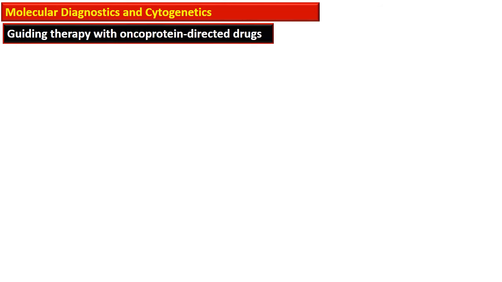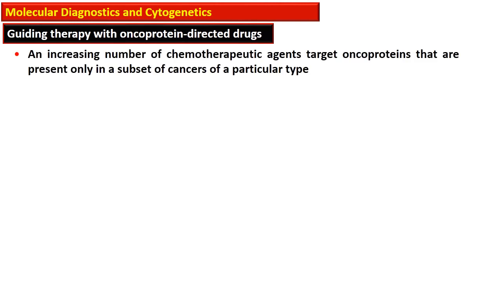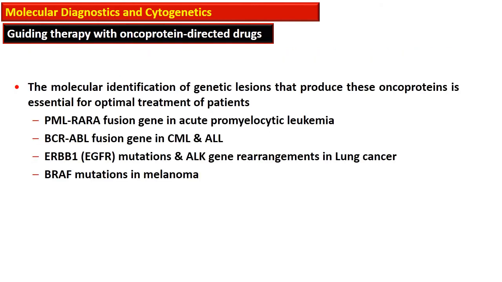The molecular diagnostics and cytogenetics are also used to guide therapy with oncoprotein directed drugs. There is an increasing number of chemotherapeutic agents that target oncoproteins that are produced specifically by a specific type of cell.